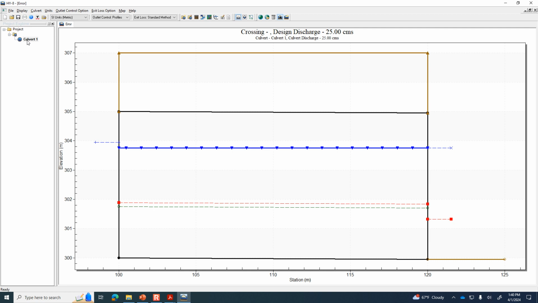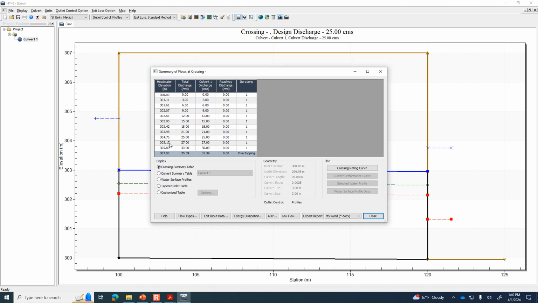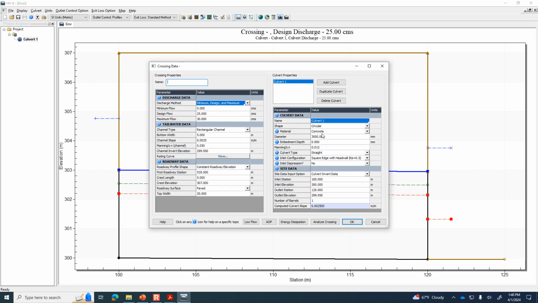As a first guess, what about 3,000 millimeters? Analyze crossing. Okay, at 3,000, we still have 25 cubic meters per second only going as high as 304.7 meters at the headwater. So we could still make it smaller. What about 2,000 millimeters?